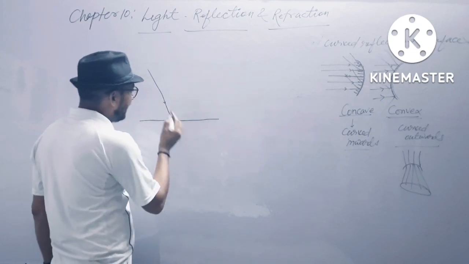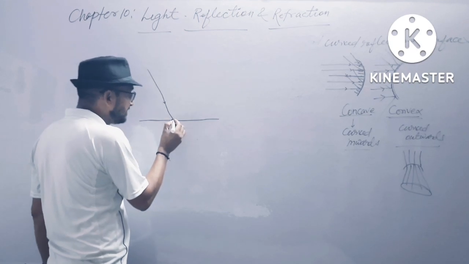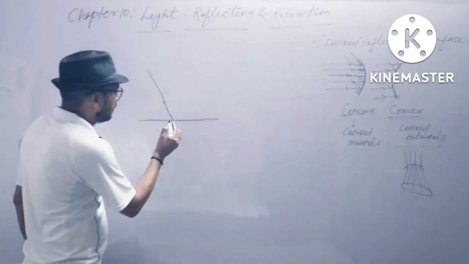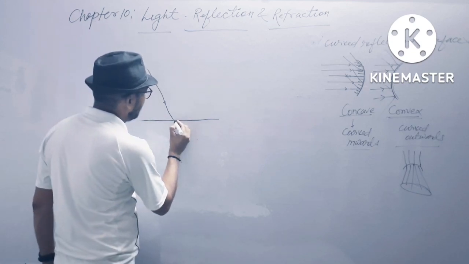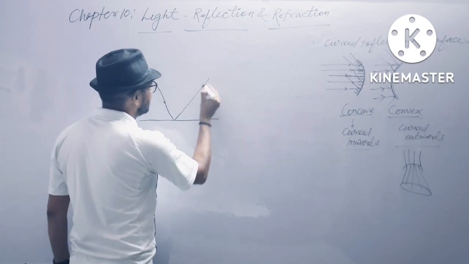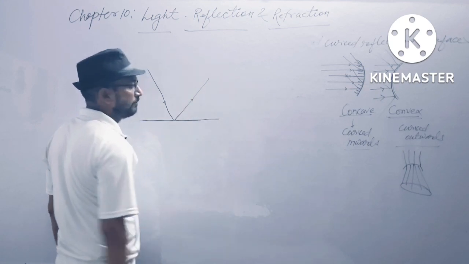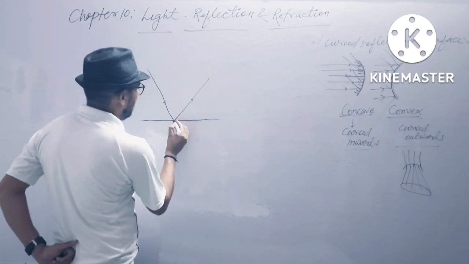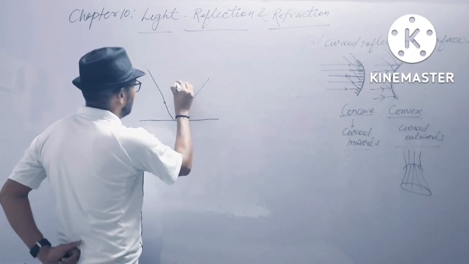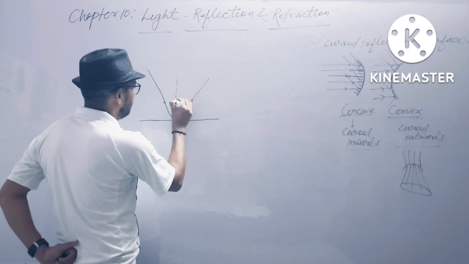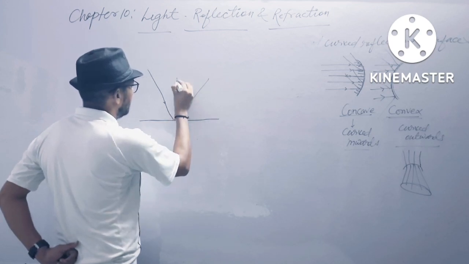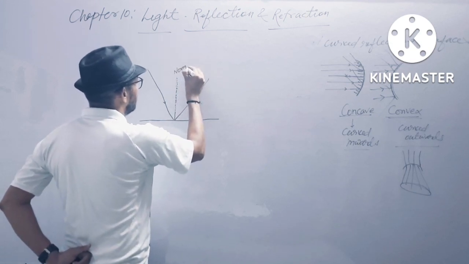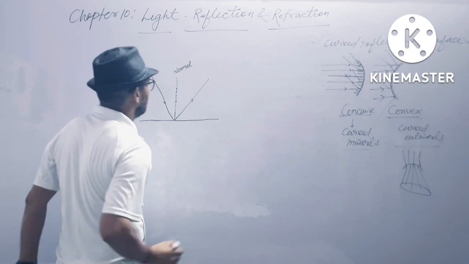This ray of light gets incident on this point, and it reflects this way. And here, in the middle of both the rays, is what is called the normal.